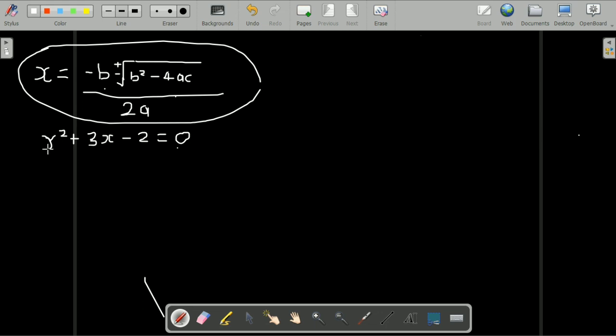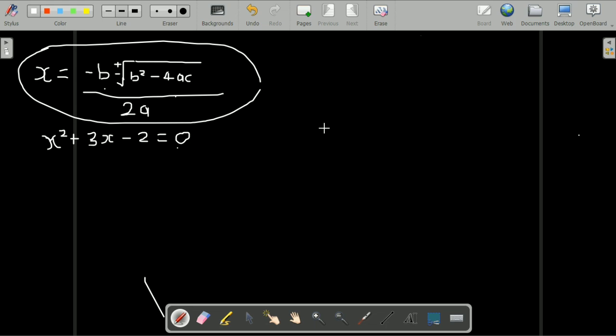This is our x. So let's take it like that. The quadratic equation is x squared plus 3x minus 2, which is our coefficient. So let's go. Our task is to get x.